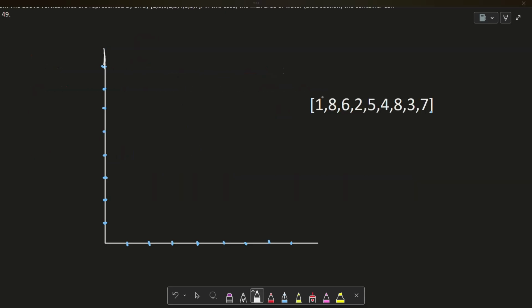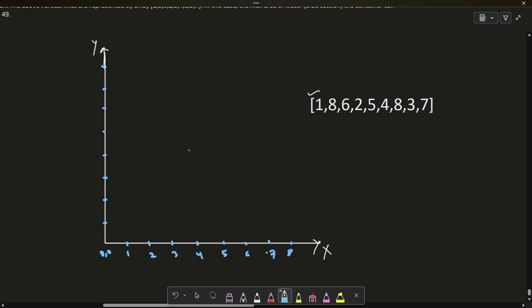We are going to draw the graph for this given height array. This is going to be our y-axis and this is going to be our x-axis, and the coordinates will be like 0, 0 here, then 1 2 3 4 5 6 7 8.